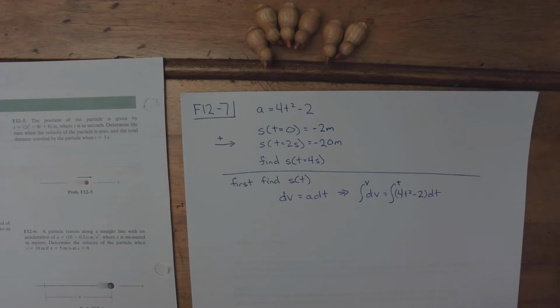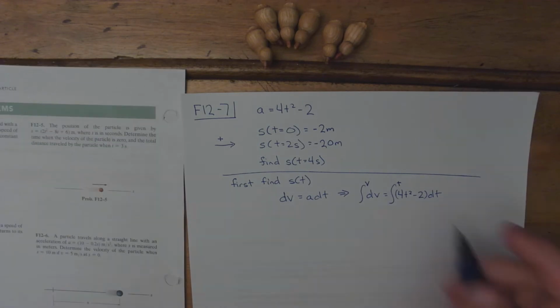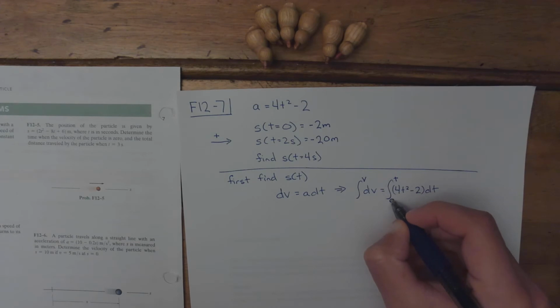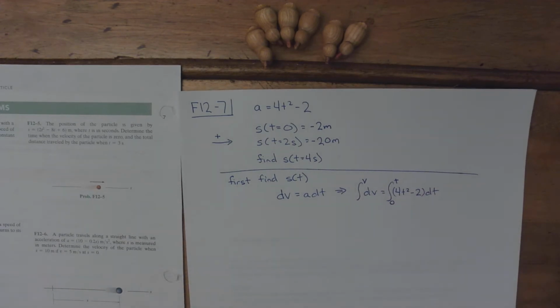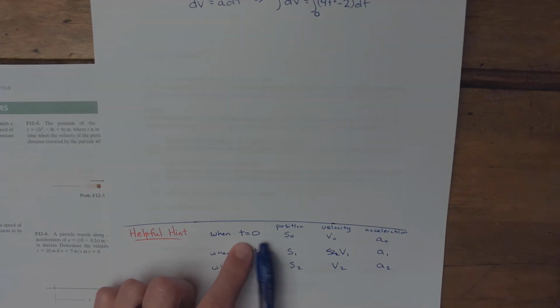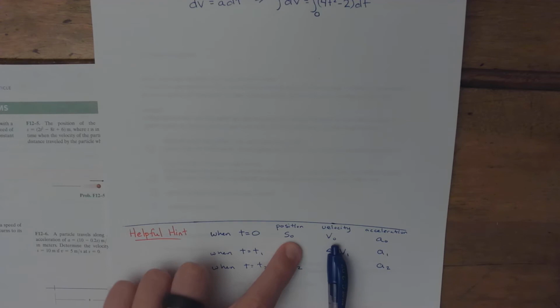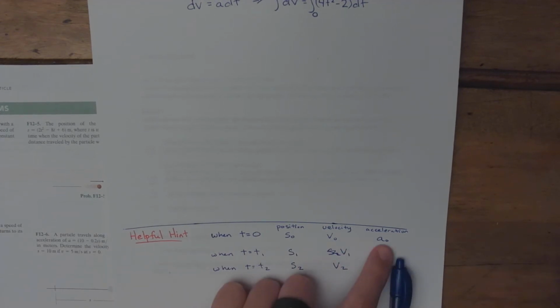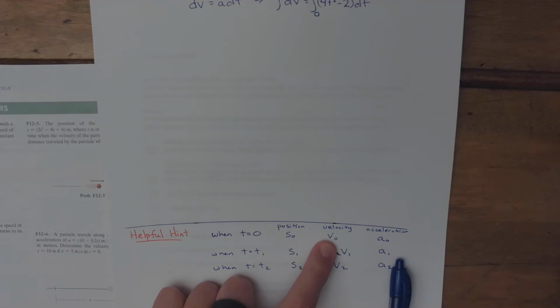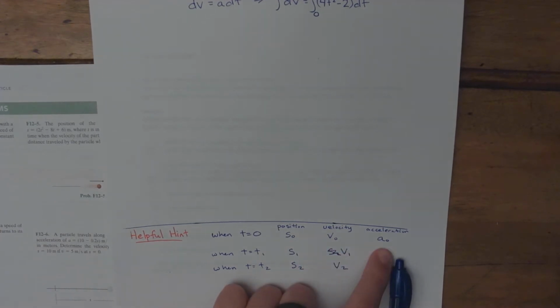For the lower limit of integration, I want to use 0 for the time, and if time is equal to 0, then the position would be s0, the velocity is v0, the acceleration is a0. That just means the position, velocity, and acceleration when time is equal to 0.